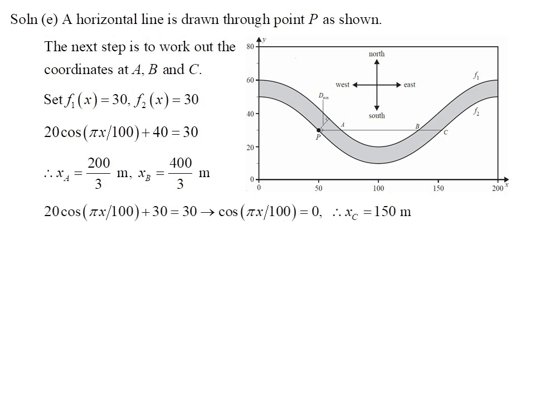Based on the equation 20 cosine(pi x over 100) plus 30 equals 30, we may calculate xc equals 150 meters.